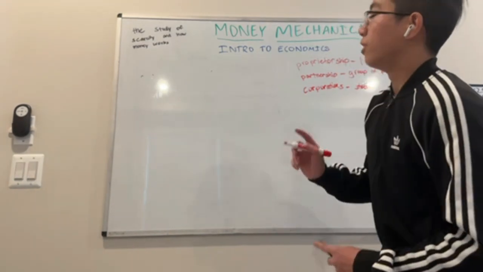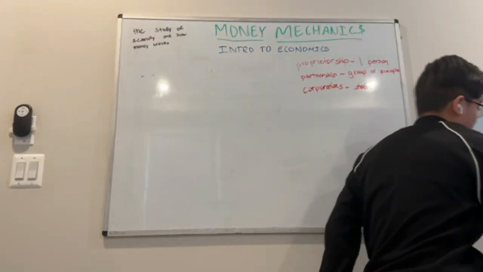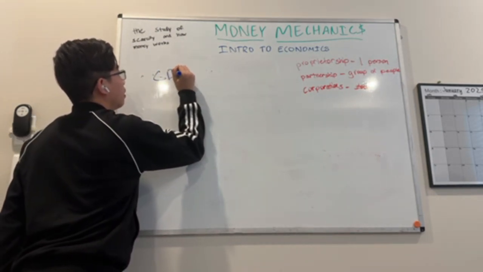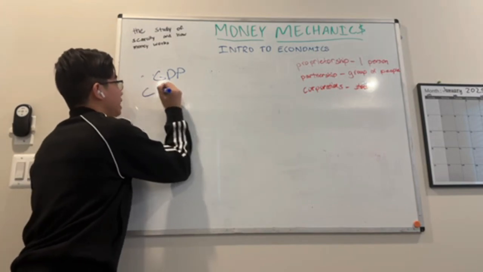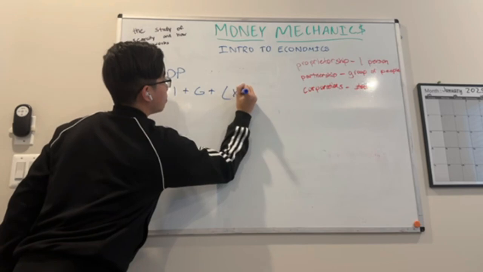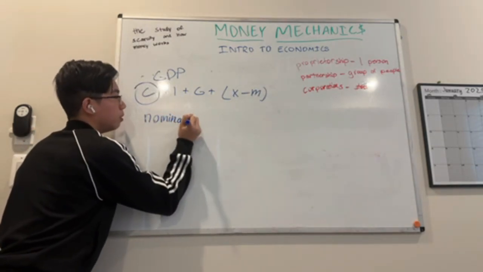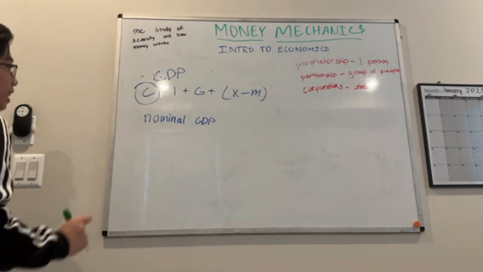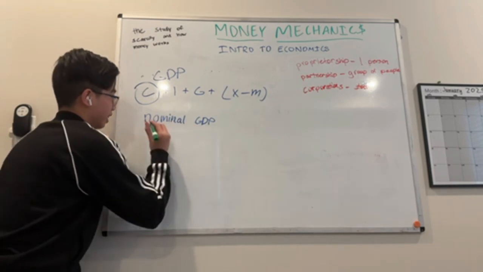And now how do we measure the economy? We measure with GDP, or gross domestic product. The GDP is calculated by C plus I plus G plus XP. The nominal GDP is just the value of all the products produced in 1 year.